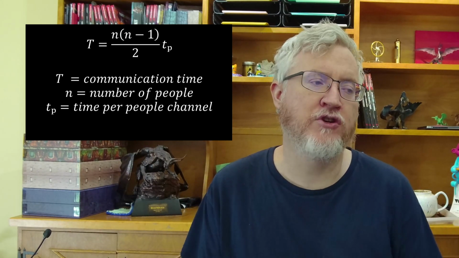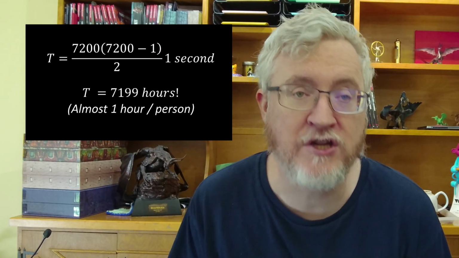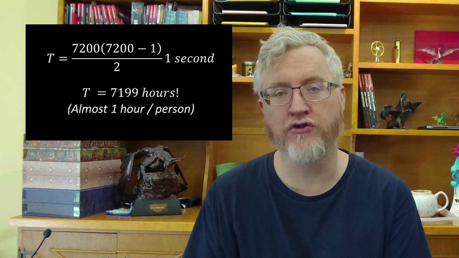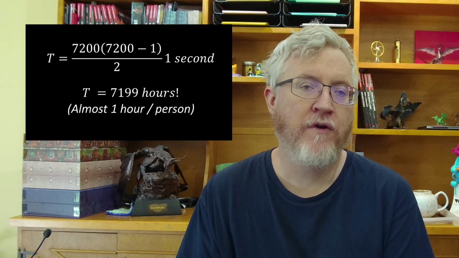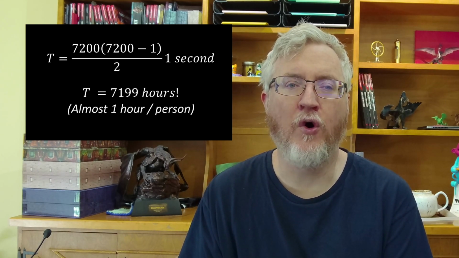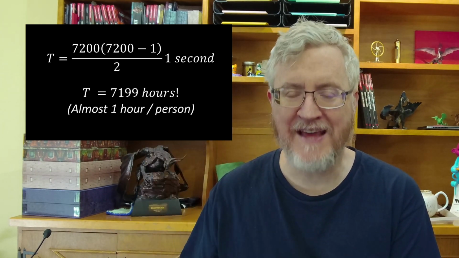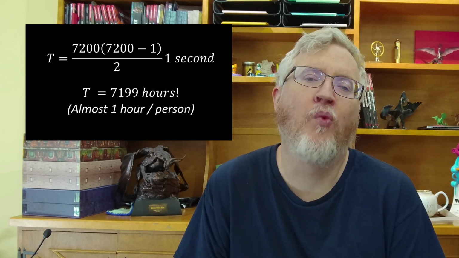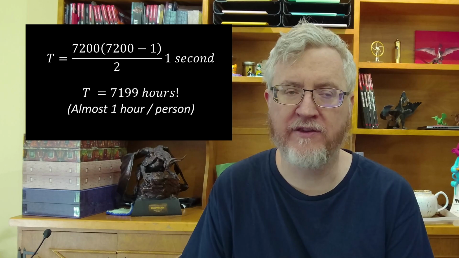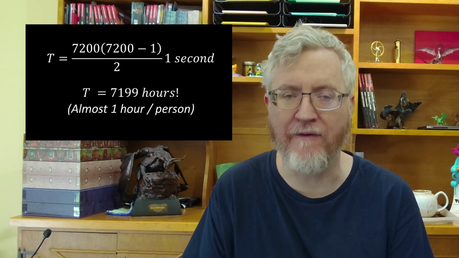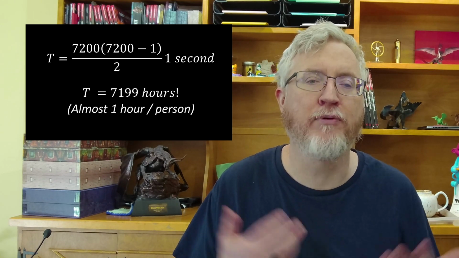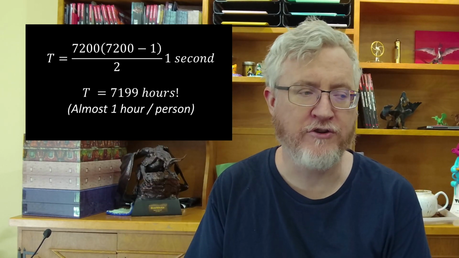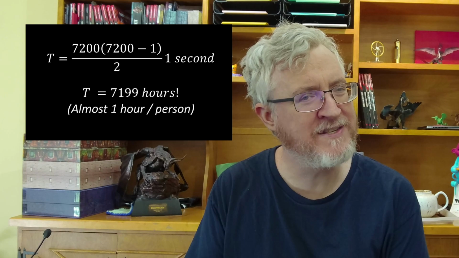If you imagine an organization of 7,200 people, and there are organizations significantly larger than 7,200 people, if each communication channel is only taking 1 second per day, then that is 7,199 hours spent on all of these communication channels every single day. That's almost an hour per person dealing with the 7,200 people on the project. And that obviously isn't true.